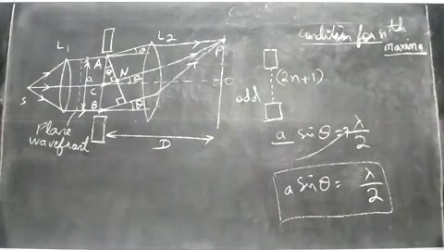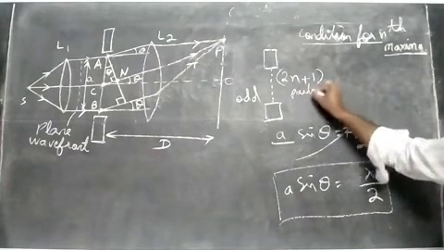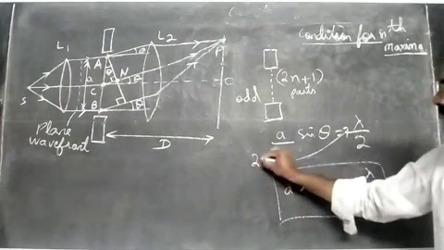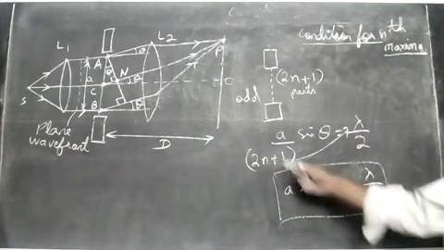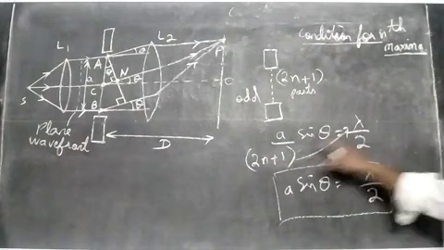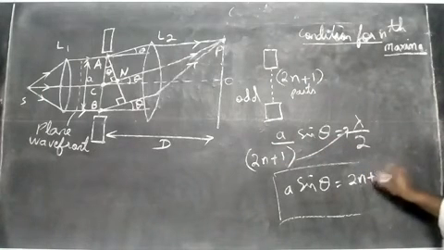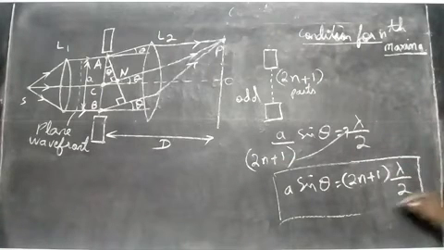Same way in this equation, in the denominator we write 2n plus 1. So we had 1, 3, 5, 7. Now you're writing here 2n plus 1. After it cross multiplies, it goes aside. So we get here (2n plus 1) into lambda by 2. This is the condition for nth maxima.